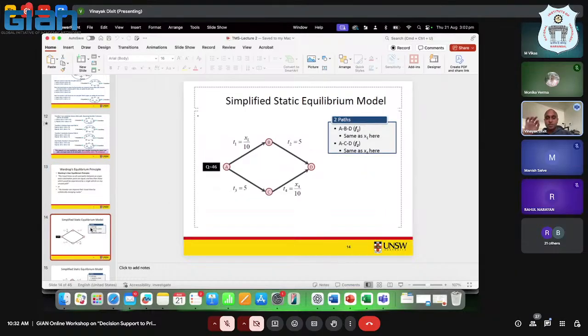So whenever you get results which are negative or greater, that means you're trying to push vehicles onto a road where the travel times are larger. So the equilibrium solution would be that all the vehicles take this route, ACD. Is that what you were saying, Monica?